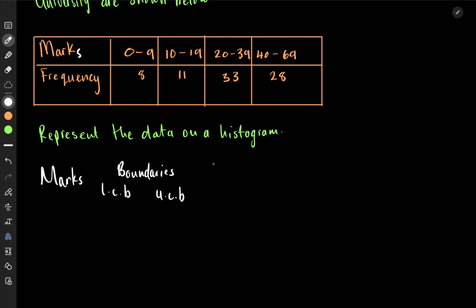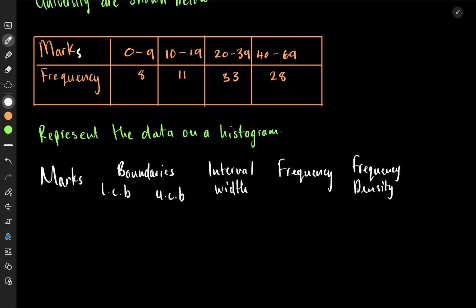Then after boundaries, what we want to get is the interval width, because that's the reason why we get boundaries, to get the interval width. Then after that, we put the frequency, and we can then use interval width and frequency to get the frequency density. I'm going to write it like this: frequency density.